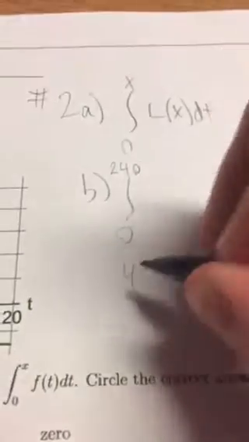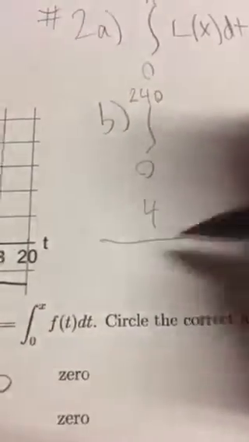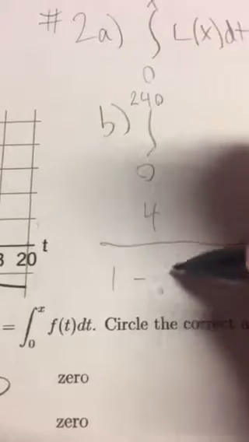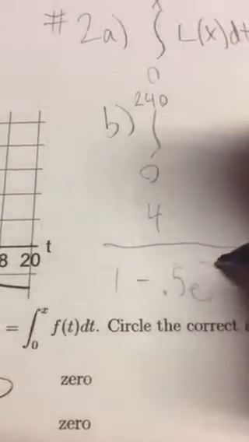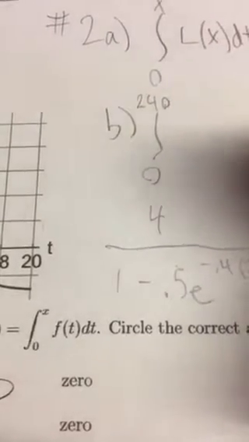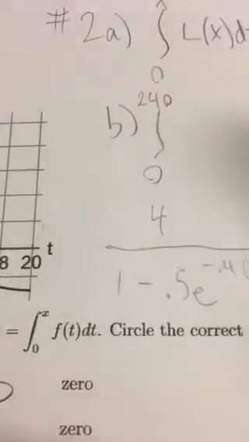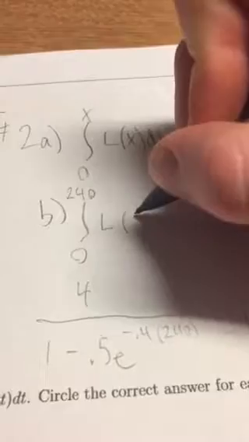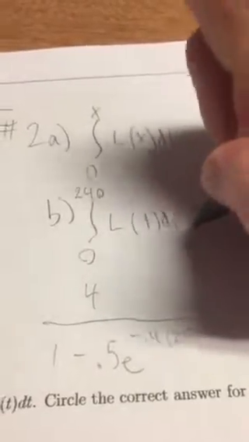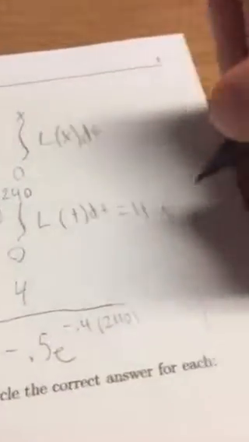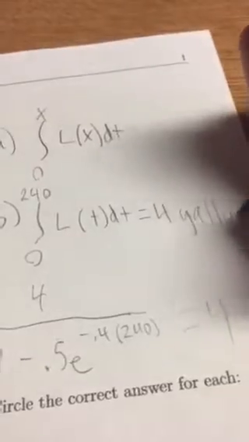And you're going to plug that in like this. 240. And that's going to equal 4. So to write that out, 4 gallons.